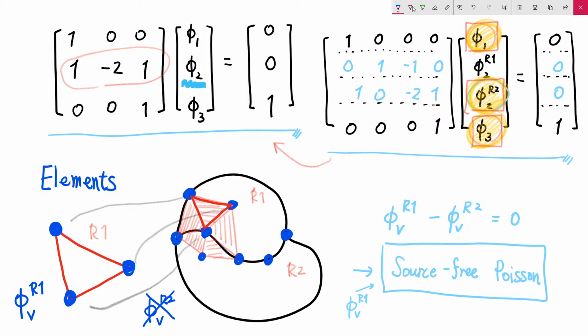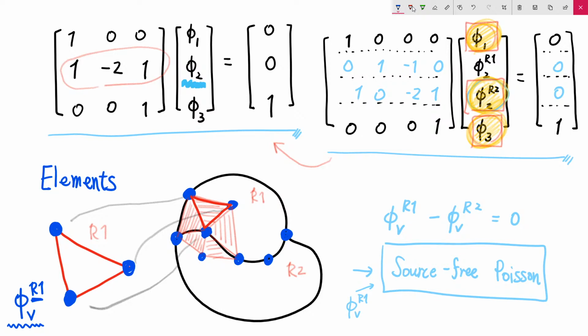However, if you are just localized and concentrate on this small triangle, then you don't have a quantity like this, nothing like that, and the only one you have for this vertex is just the R1 quantity, not the R2 quantity. That's the problem.